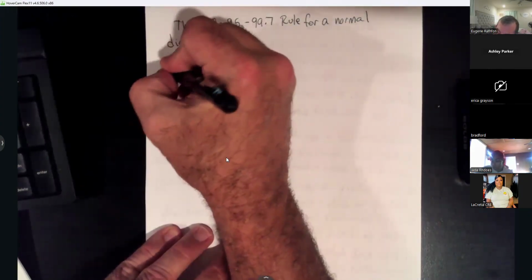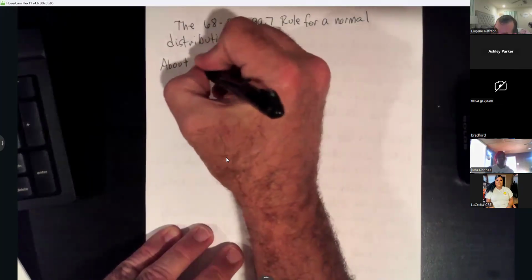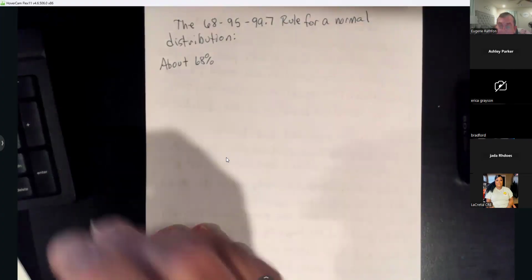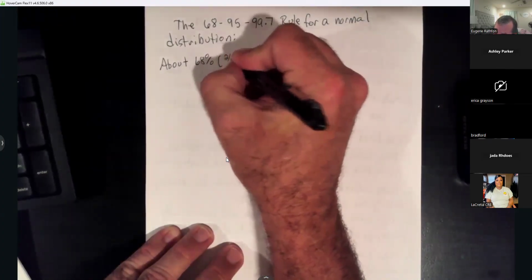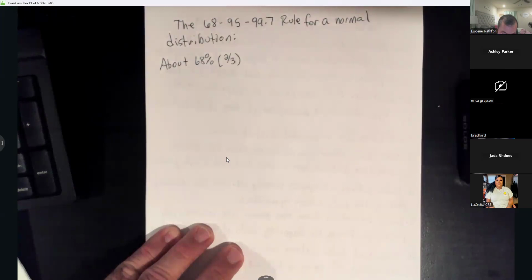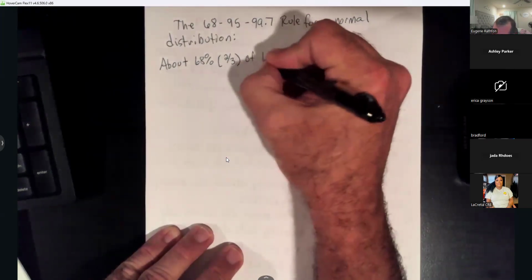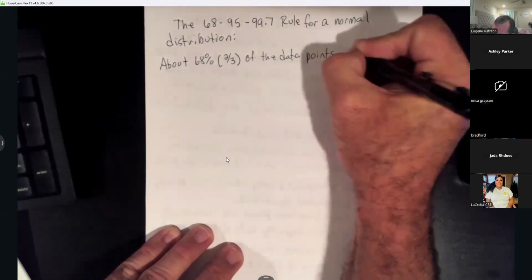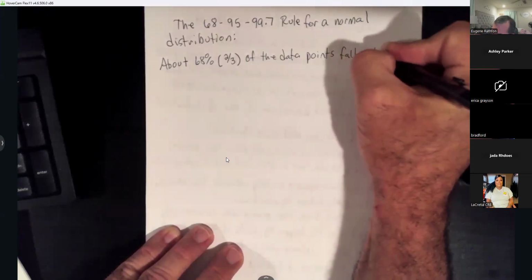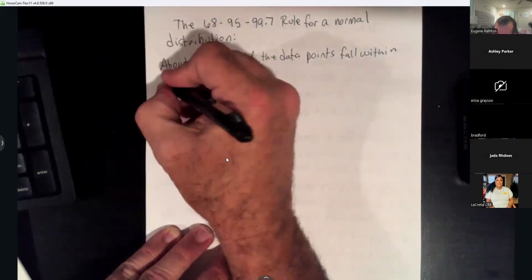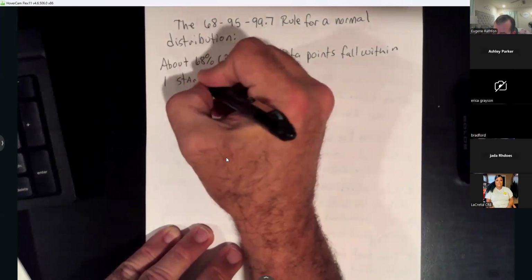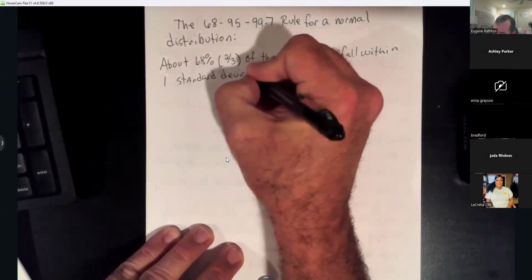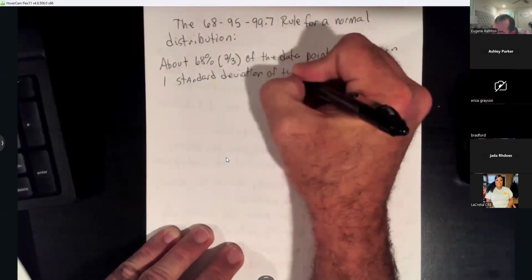All right, so like we said, about 68%, or basically 2/3, of the data points fall within 1 standard deviation of the mean.